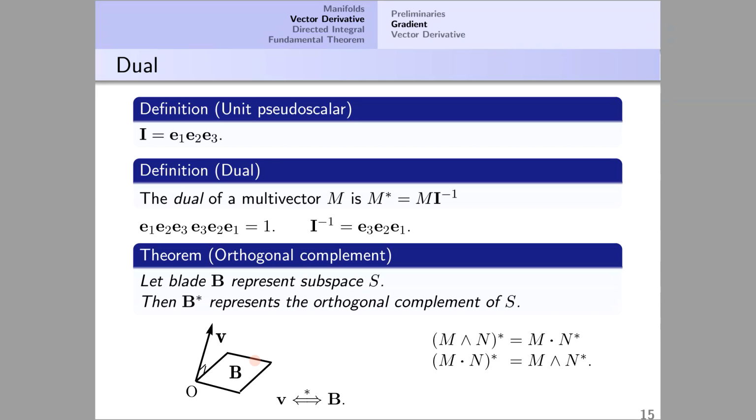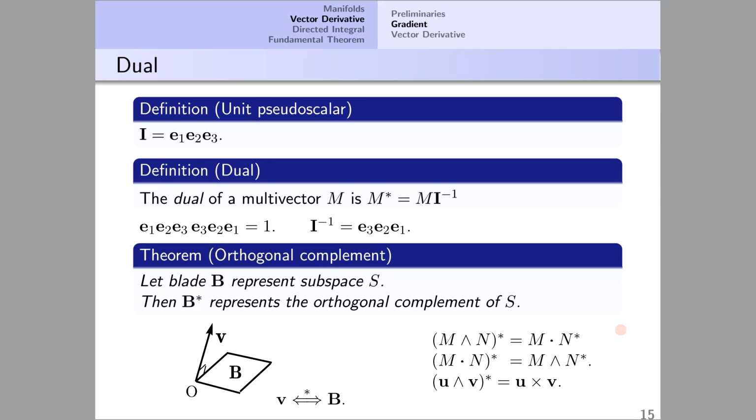A couple of identities. The dual of an outer product is an inner product, but I have to replace the rightmost member of the product with its dual. And exactly dually, the dual of an inner product is an outer product, but again, I have to replace the right member by its dual.